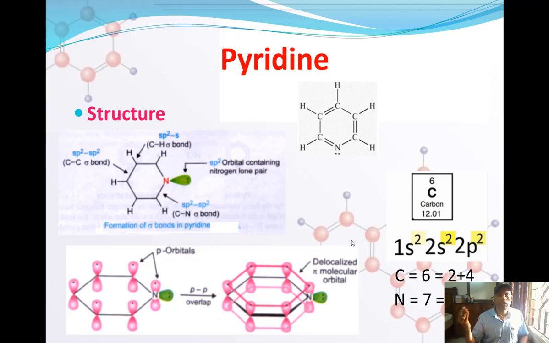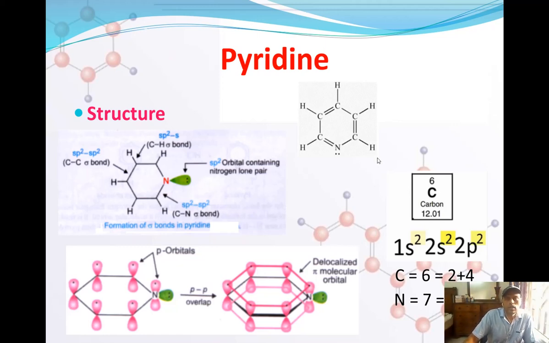So in the outer principal level, it has got four electrons, and that is getting distributed among three of the sp2 orbitals and one p orbital, one empty or unshared p orbital.